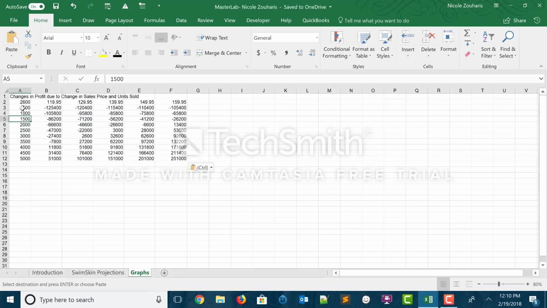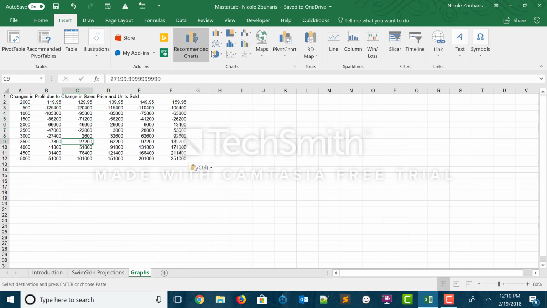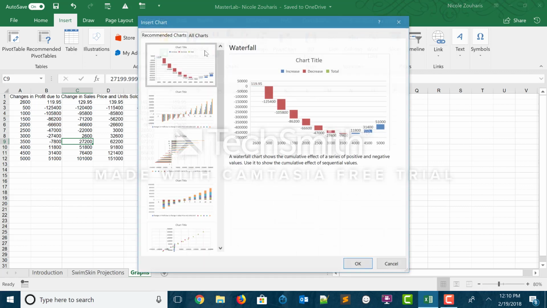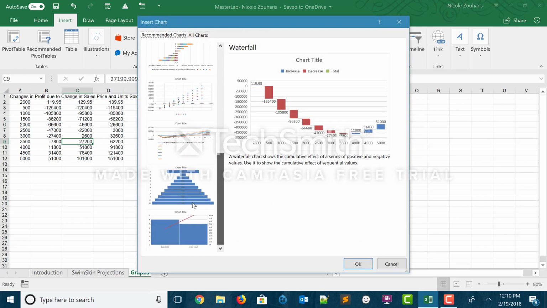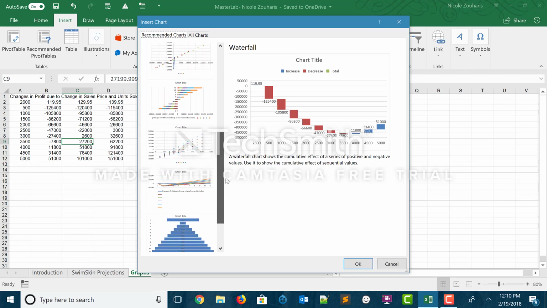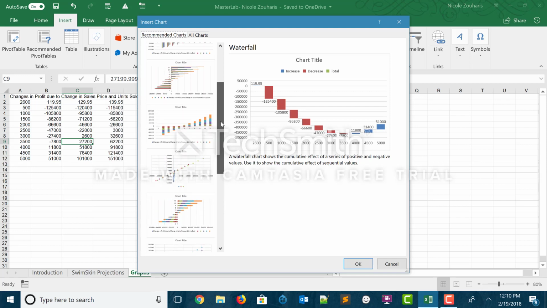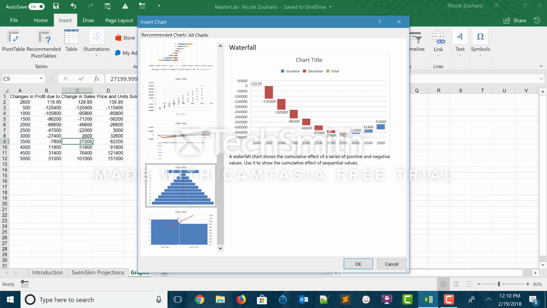So let's go ahead and just click anywhere in the graph. We're going to do insert, recommended charts, and I'm going to just browse and see which ones are the best ones that are going to show my changes in profit and loss at each sales price. These ones don't really do it for me.